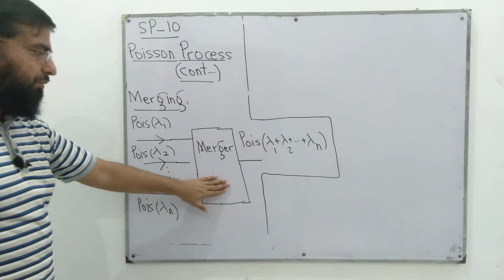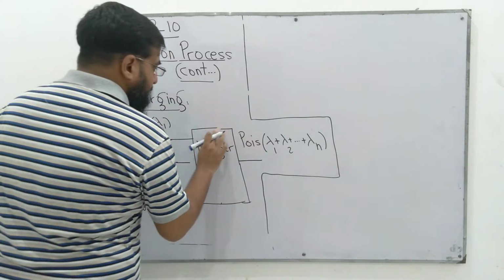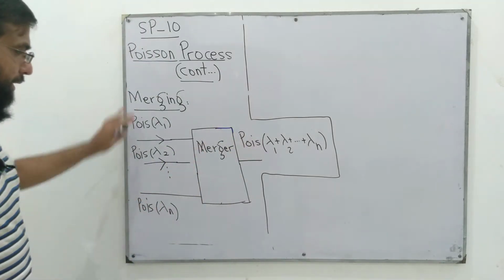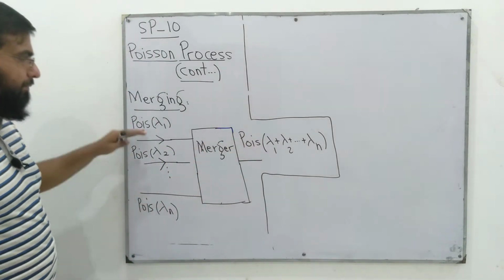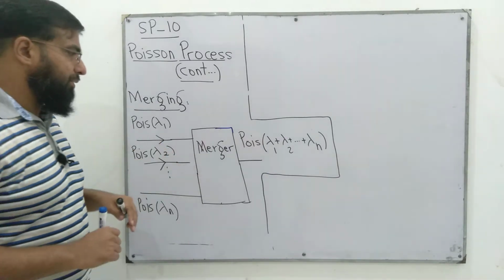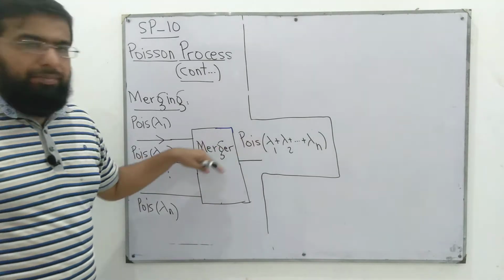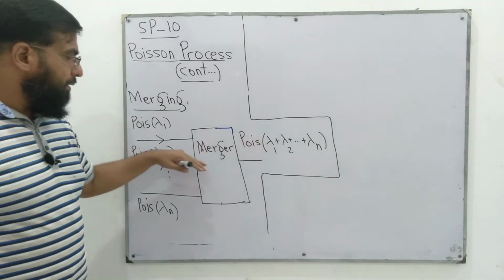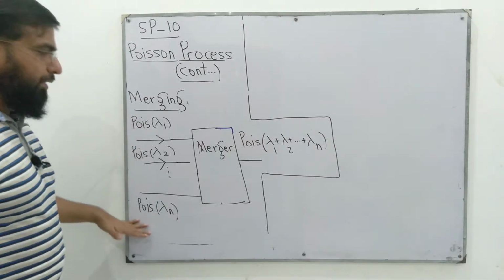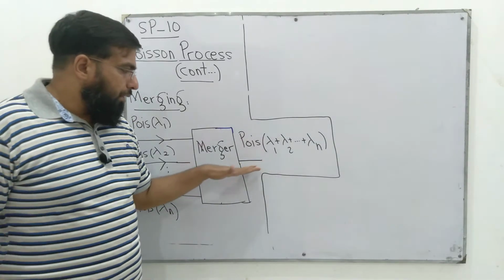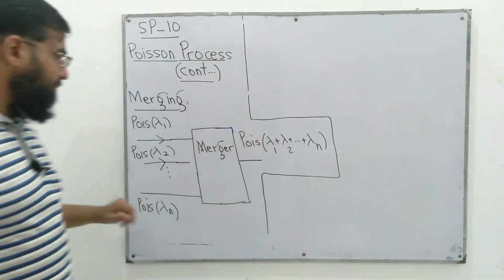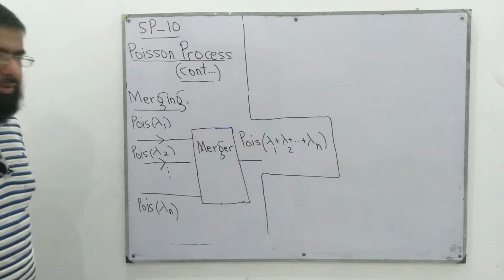Here is a machine, we call it a merger, in which we enter a number of Poisson processes. There are n in total, and this merger merges these processes randomly, picking arrivals from any of these n processes, and has one output, which is the merger of these n Poisson processes.